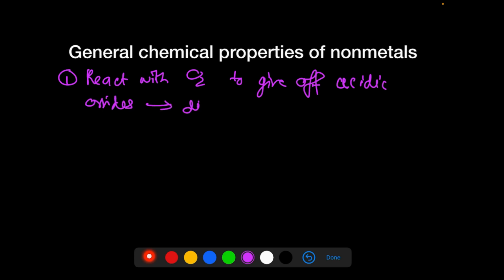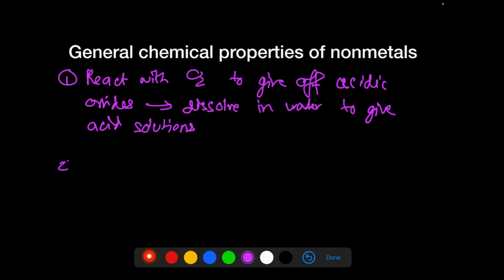It dissolves in water to give acid solutions. They form ionic compounds with metals and they form anions, the negative ions. They form covalent bonds when reacting with each other.